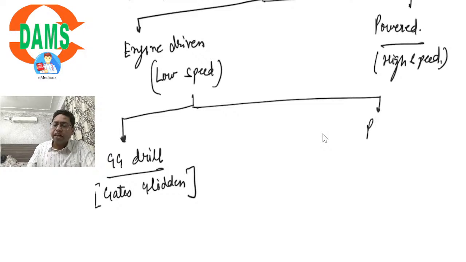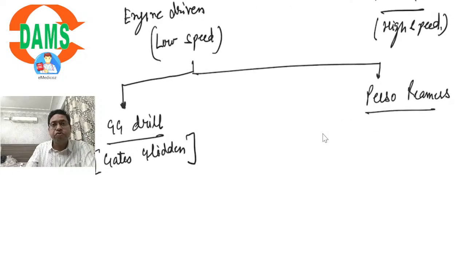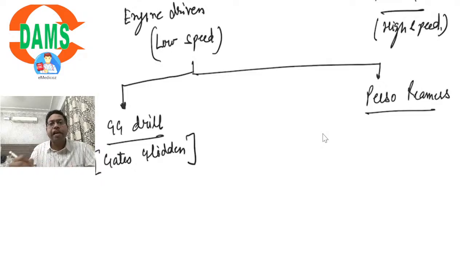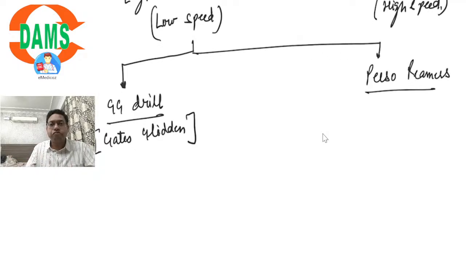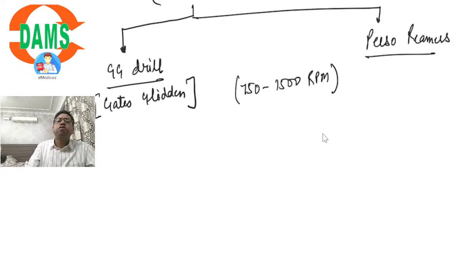Another type of engine driven low speed instrument is the peeso reamer. So these are the two principal categories of rotary instruments, which are mechanized but used at low speed. When I'm talking about low speed, what would be the RPM? They are usually used in the range of 750 to 1500 RPM.